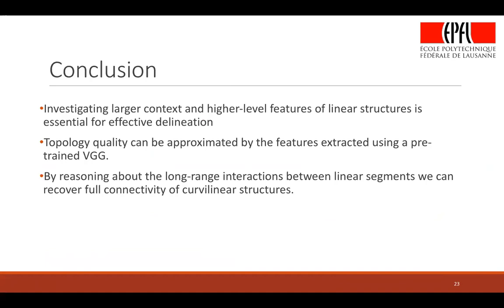Those higher level features, it turns out, can be quite well approximated by features extracted using some pre-trained models like VGG. And by reasoning about the long-range interactions between the linear segments or paths, we can in the end recover the full connectivity of the network of interest.